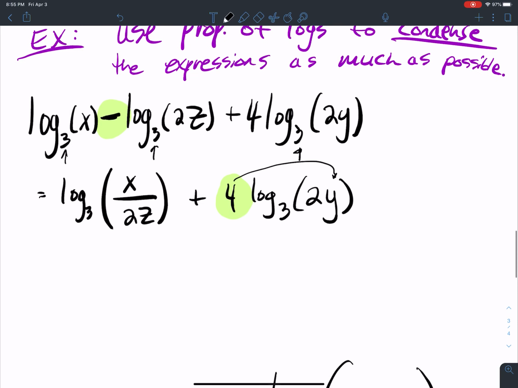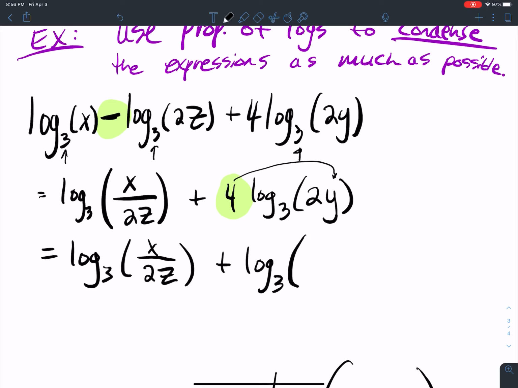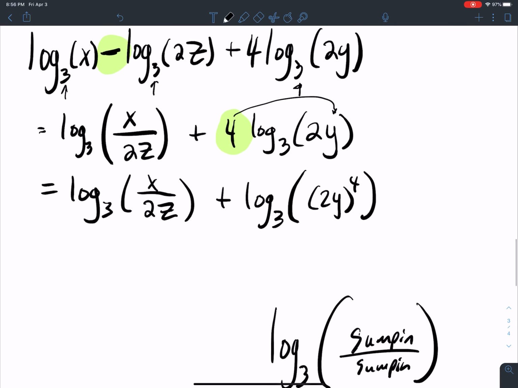So this is log base 3 of x over 2z, plus log base 3 of 2y raised to the 4th. The exponent comes back inside, the power rule in reverse. So your number out front comes out like that.